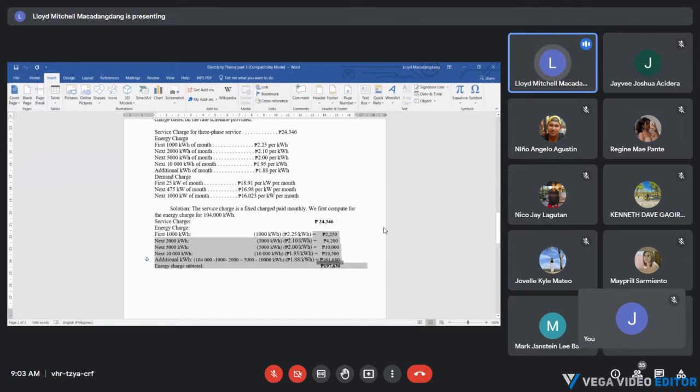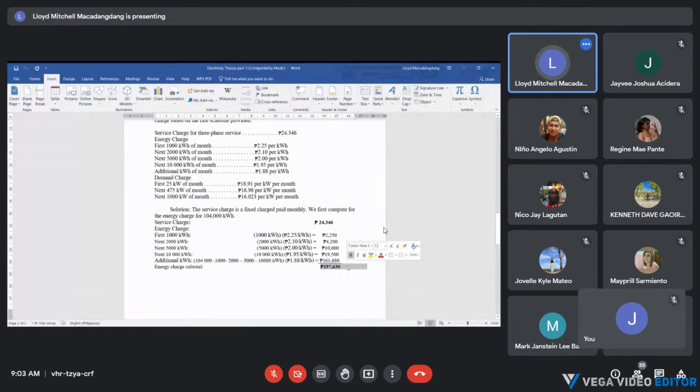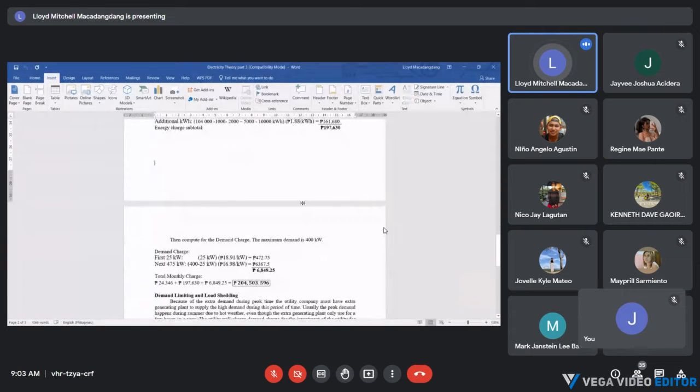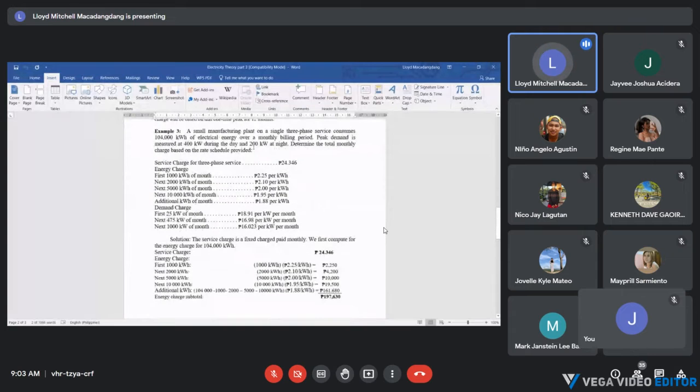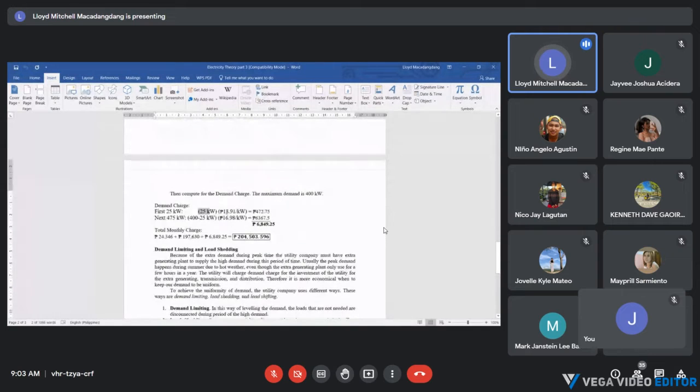Adding these, we have an energy charge subtotal of 197,630 pesos. Next, the demand charge. The first 25 kilowatts at 18.91 pesos per kilowatt gives 472.75.